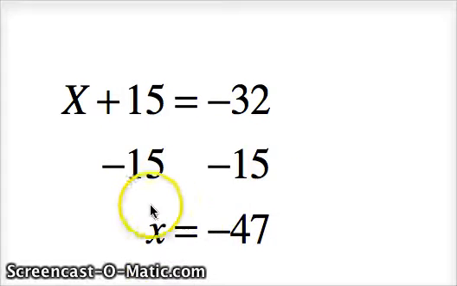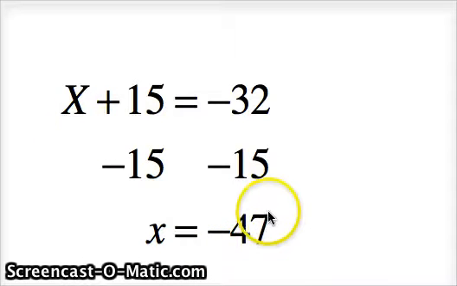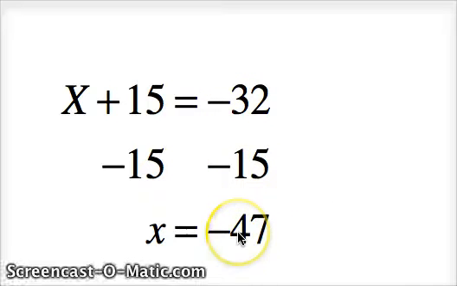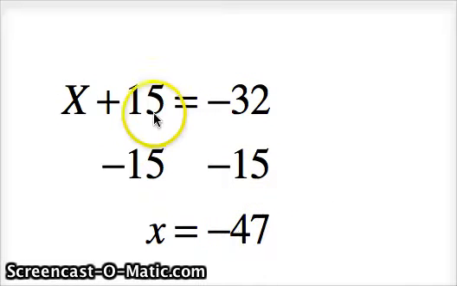The unknown amount is negative 47, or I used to owe $47 before I added the 15. How did I get the negative 47? Because negative 32 minus 15 is negative 47. And over here, X plus 15 minus 15 is just the X.